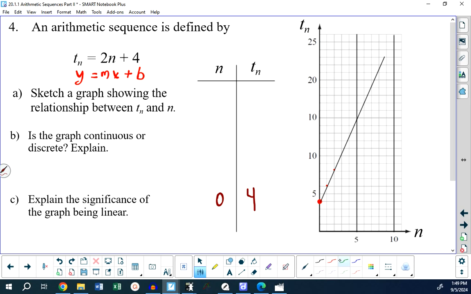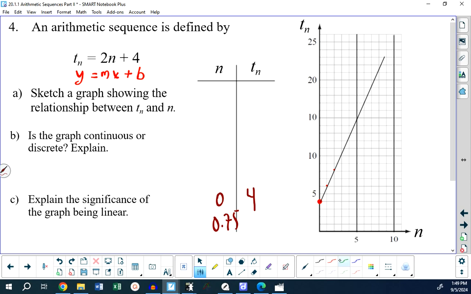Yes. Is there a 0th term? No. Does this graph pass through a point where x is 0.75? Yes. But there's no 0.75th term. So when we plot these points, that's all the graph is going to be, is just points. We can't draw a line.